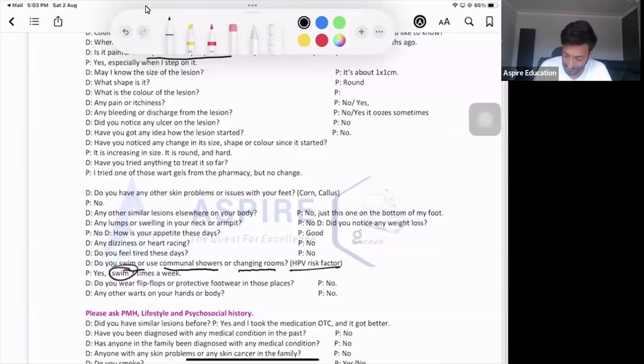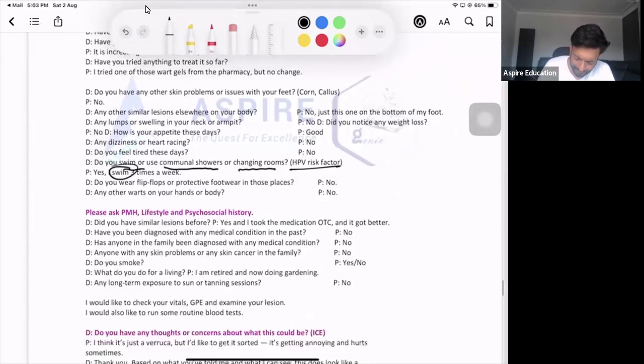That's really important, because what we're trying to find out is some risk factors, so we'll have something to blame later in the station when they ask, why did I get this? You can say, okay, this is an infection. It can be, as you mentioned, swimming, using communal areas, not wearing flip-flops, or maybe sharing towels, for example. So that could be the reason as well, right?